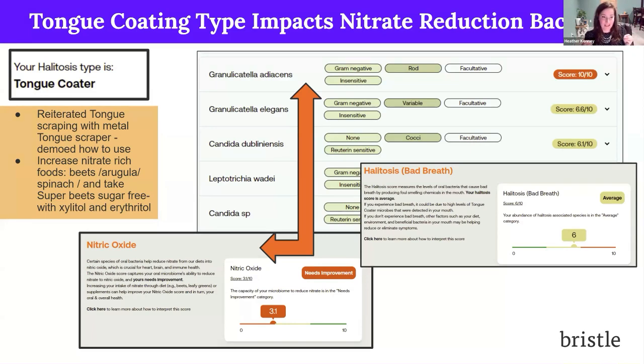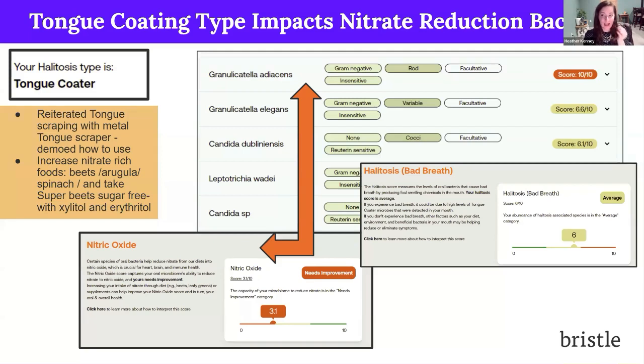And as an oral health coach, I'm going to say I'm struggling to figure out how to get rid of this one. But because it's tongue coating, I reiterated, make sure you're tongue scraping with a metal tongue scraper, doing it twice a day, because the tongue coating bacteria will mitigate your nitrate reducing bacteria. This is the reason why. Most of the bacteria that are causing nitrate reduction are aerobic or facultative bacteria that thrive on the tongue.